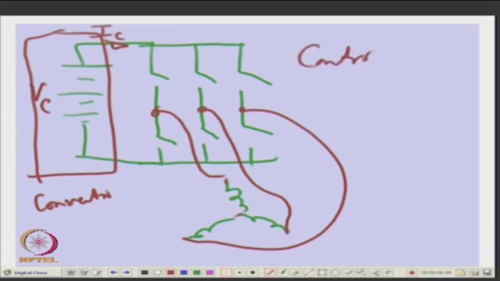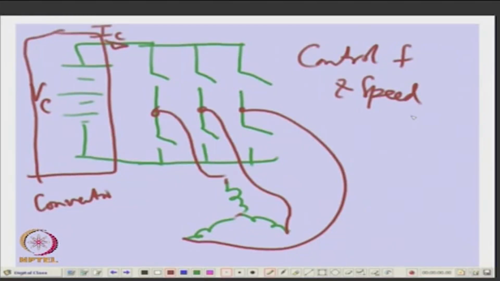You can control F and speed, that is what you do. If you want variable speed for such motors, you control the voltage, control the speed, and you can have from low frequency to high frequency.